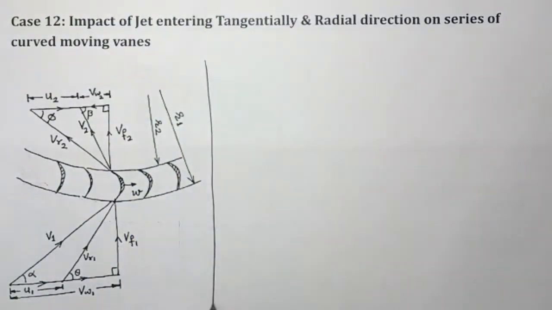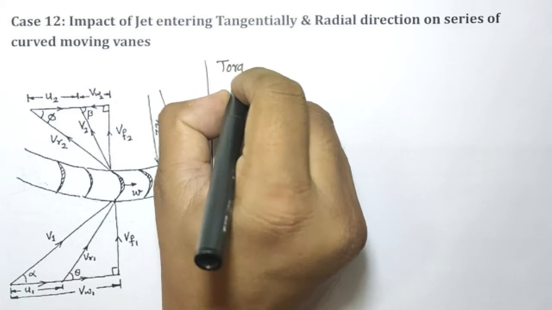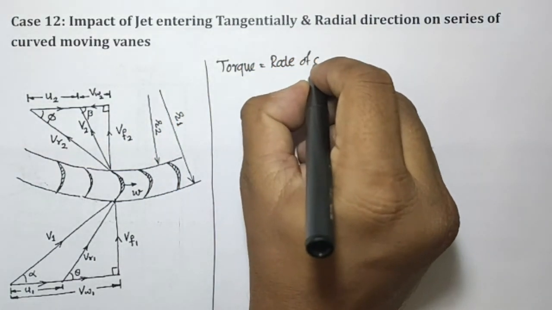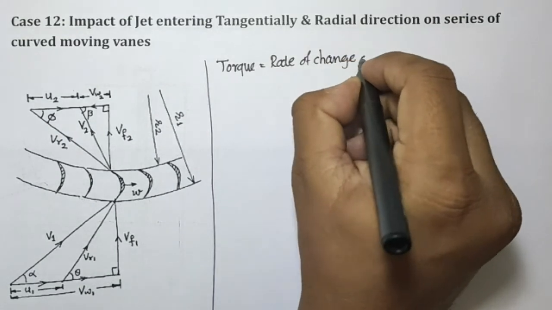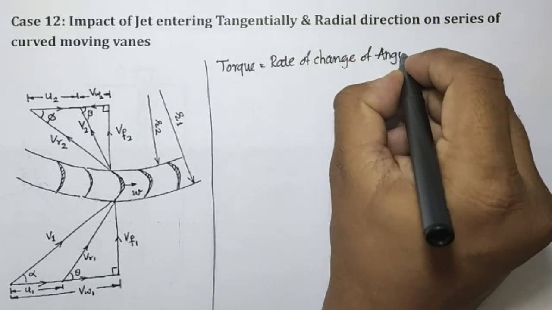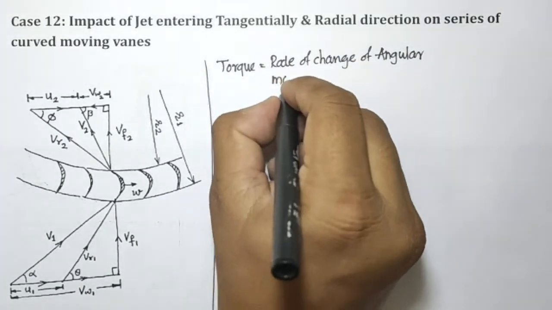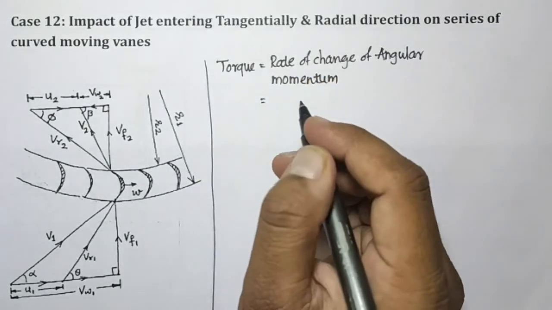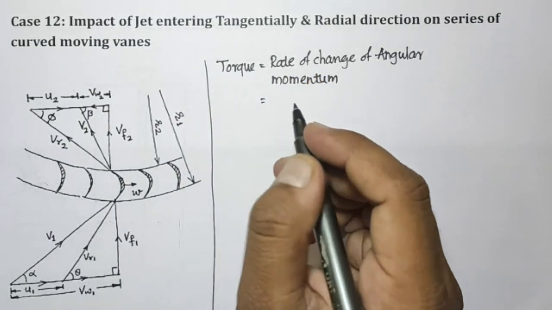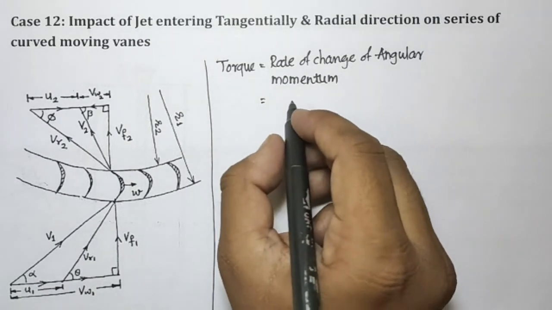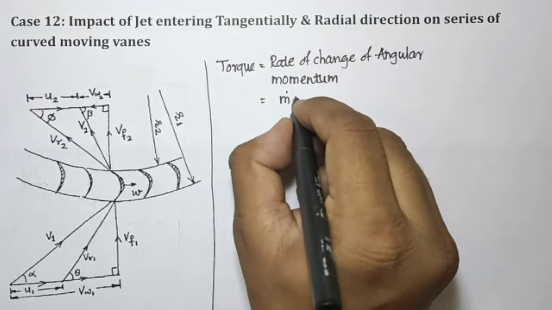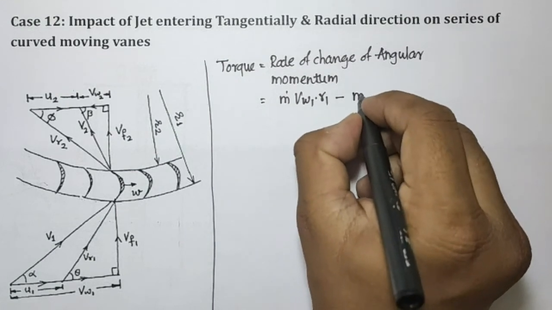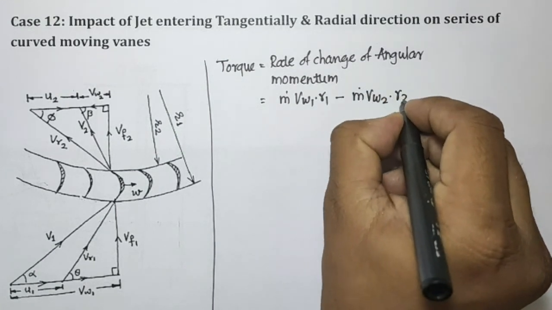The torque is equal to the rate of change of angular momentum, and it is given by m dot Vw1 into r1 minus m dot Vw2 into r2.